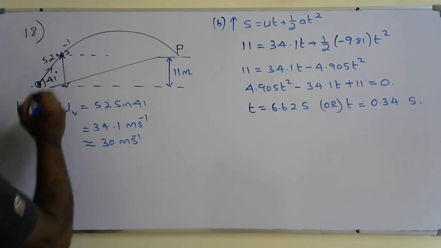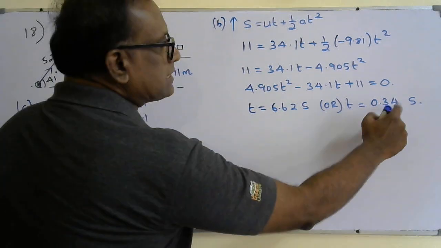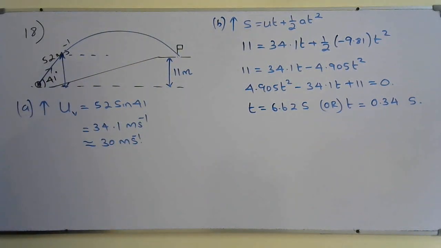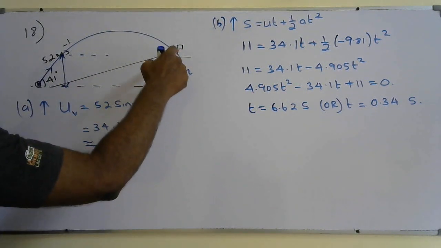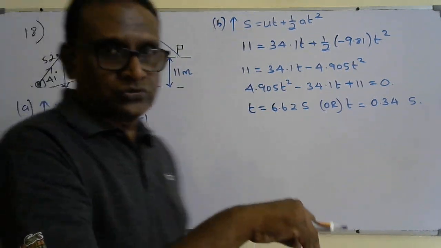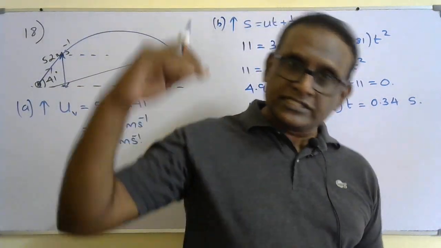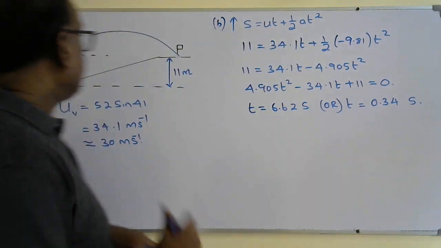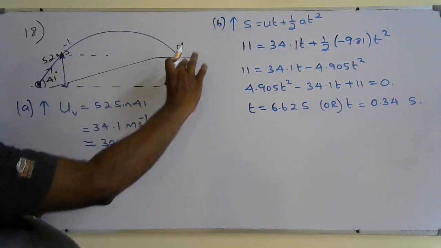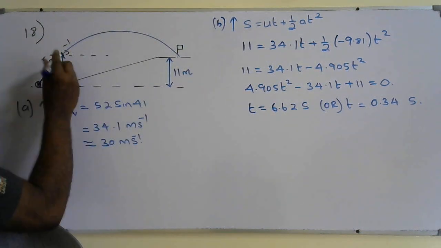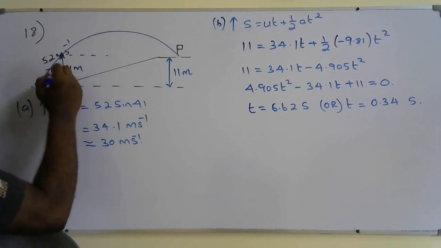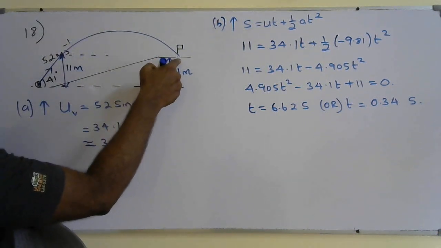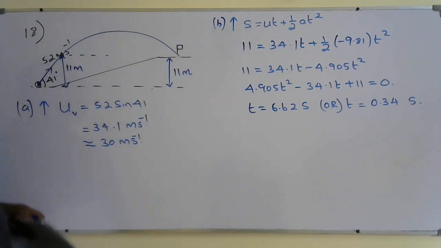To reach that first point, the time taken is 0.34 seconds. When the ball reaches the ground, it should be coming down, so its velocity should be downwards. Here the velocity would be upwards, because on the way up it passes 11 meters, and when it comes again to the same 11 meters, it hits the ground.